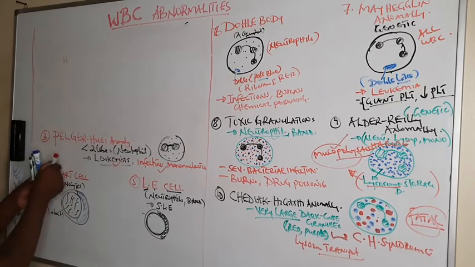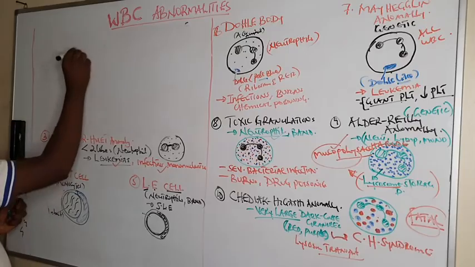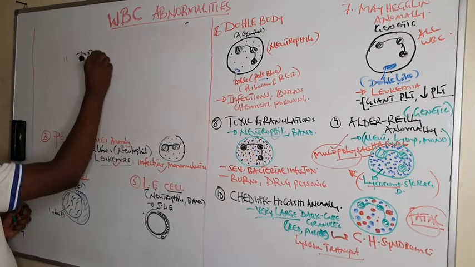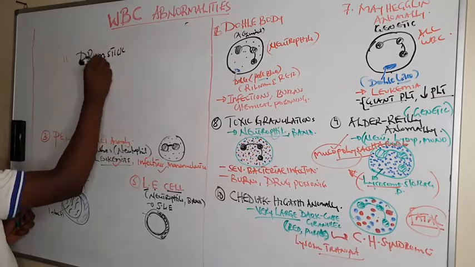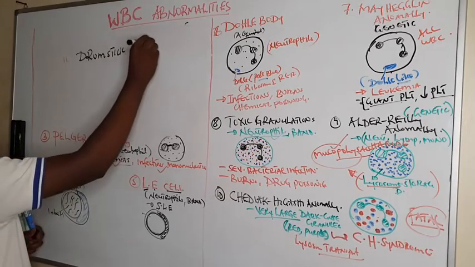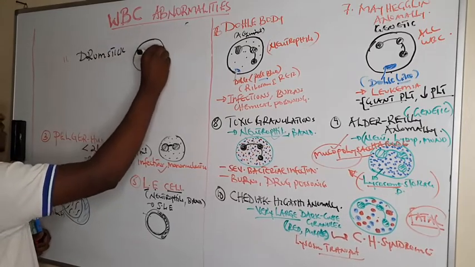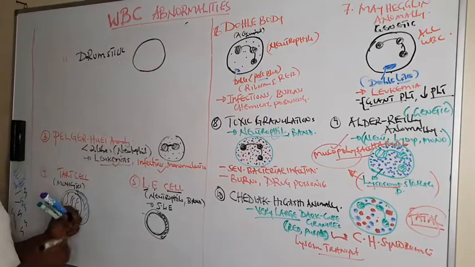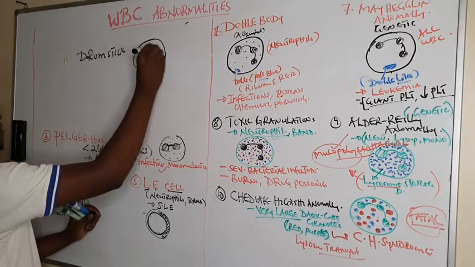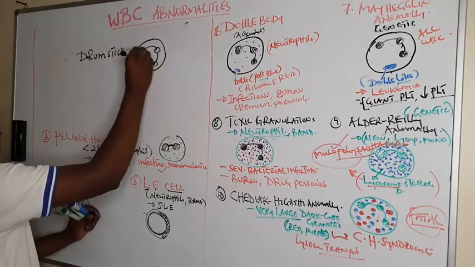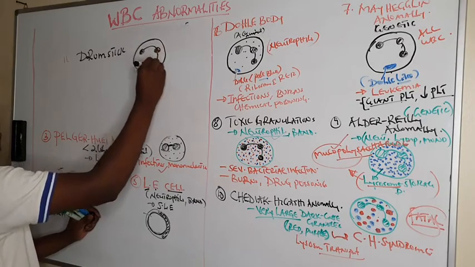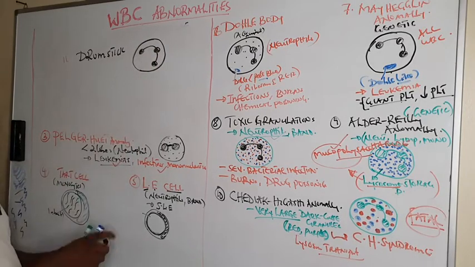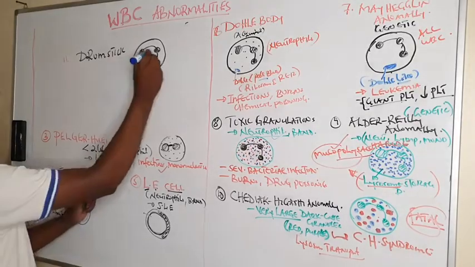So number 11, we are talking about a drumstick. And this drumstick is majorly found in the neutrophils. If you have a neutrophil with 3 lobes, you find a neutrophil with an appendage or a drumstick.